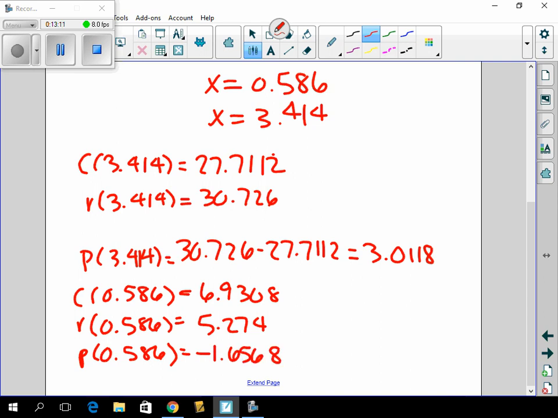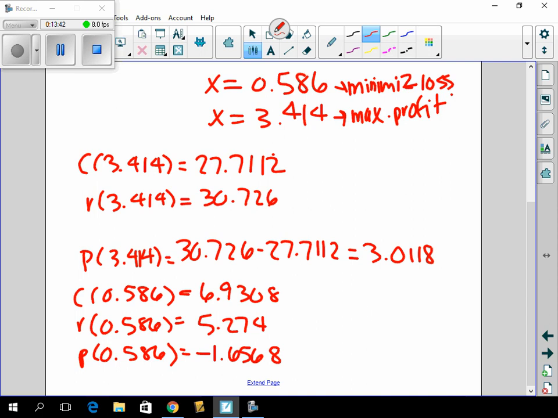And so what this really tells me is that the level for the maximum profit is at 3.414. So this is max profit. And then this other value, 0.586, this is where I'm minimizing my loss.